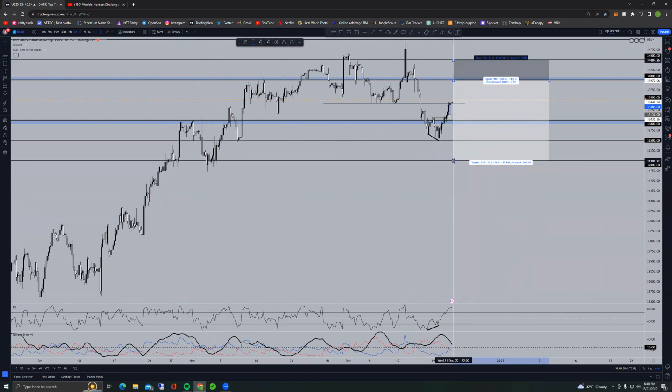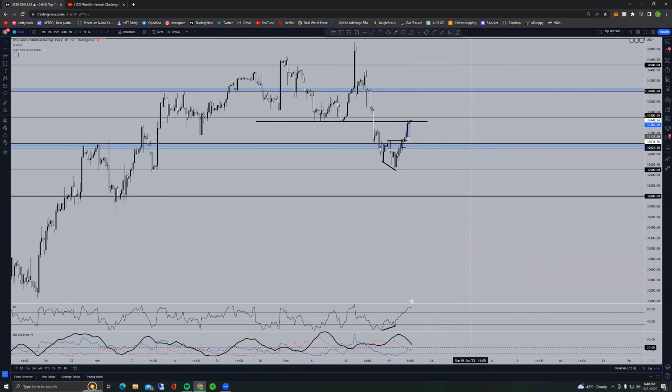So you're looking at a almost nearly 2,000 pip profit trade, risking only 500 pips. So that's an example of how I trade quarter point theory.